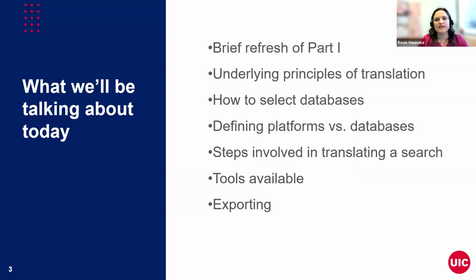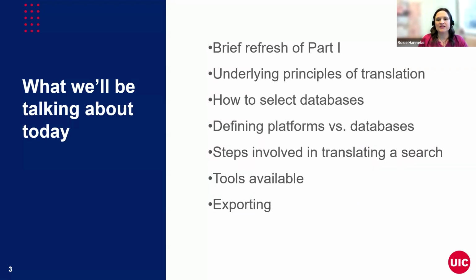What we'll be going over today is a brief refresh of last week's webinar, part 1, Building an Initial Search in PubMed. If you haven't viewed that recording, I would recommend that you go back and view it to get some basic principles and fundamentals that we're going to be building on today. We'll talk about the underlying principles of translating your search, how to choose which databases to search.